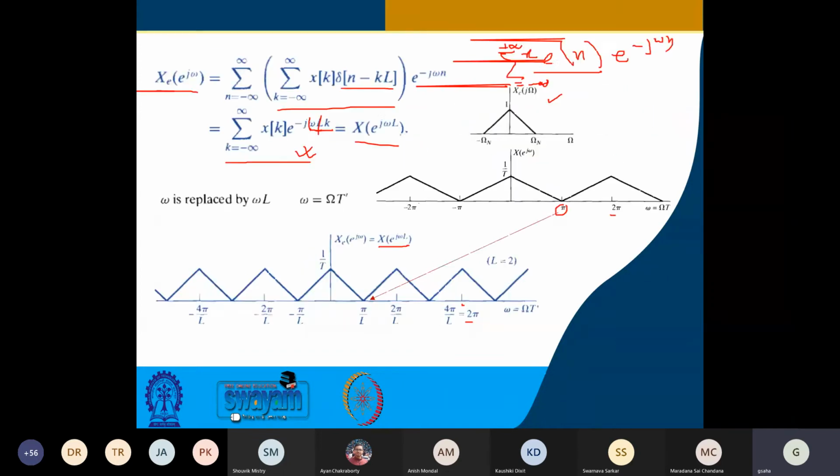Okay. Now, what could be the issue if I go for reconstruction of the signal? This is an expanded signal, right? But is it an upsampled signal?